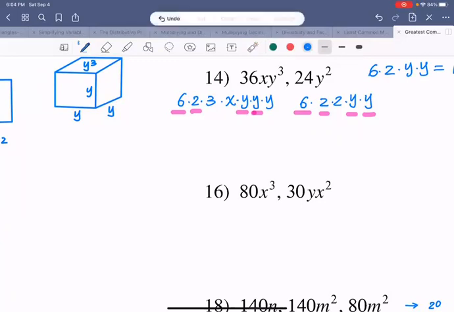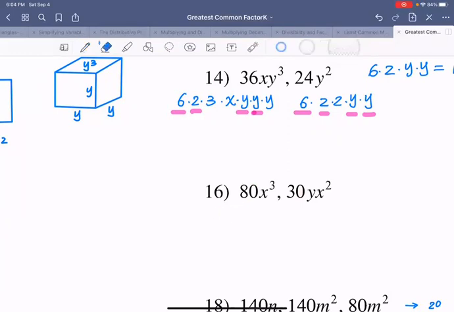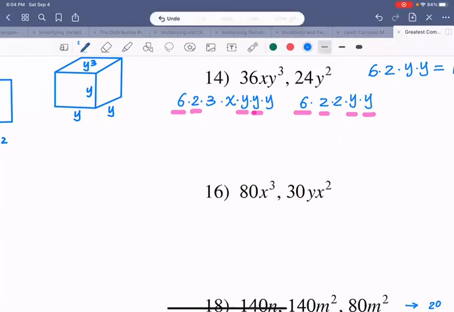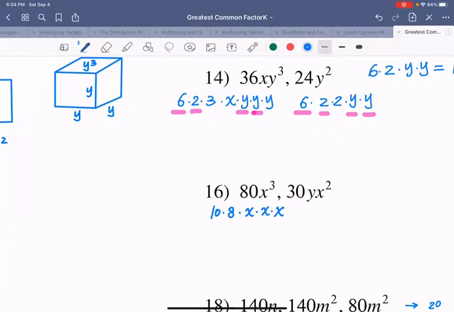If you have 0, 0, it's going to be easy. 8 times 10. Oh, I cannot use x, it's going to be confused. So 10 times 8, x cubed, x, x, x. Does this make sense?